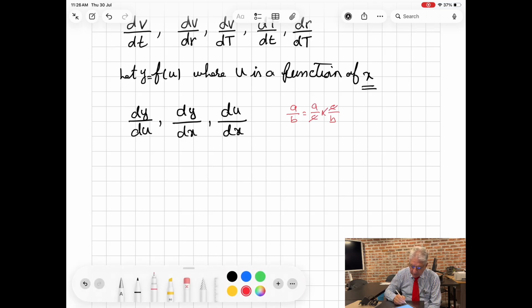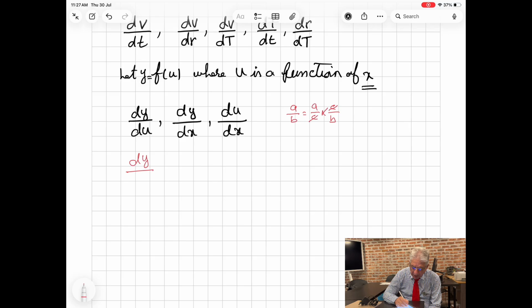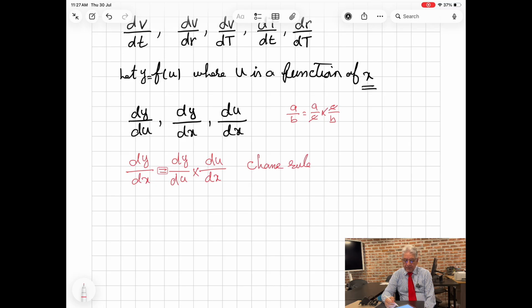Exactly same thing you can do here. I can say that dy by dx is exactly same as dy by du times du by dx. So this is called chain rule. That means when x changes, u changes, when u changes, y changes. Now you have a relation between the change of different variables. This is called chain rule.